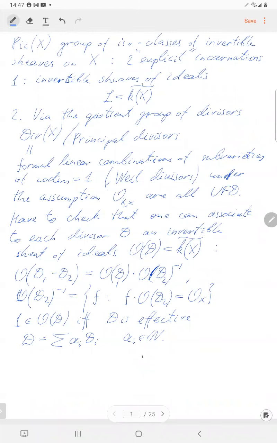So maybe let me announce how it works before I prove this formally. We know, maybe from the home assignment, that the invertible sheaves are the same as line bundles.